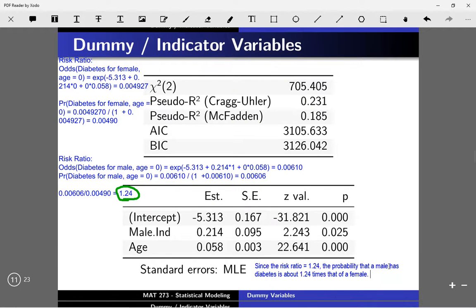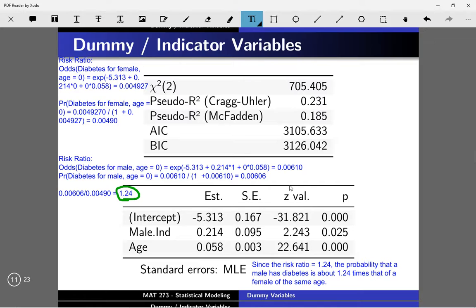Oh, and it's important to add that this is for people of the same age. Okay, and you might think, oh, this is only for somebody who's age 0, because that's what we did in the calculations.